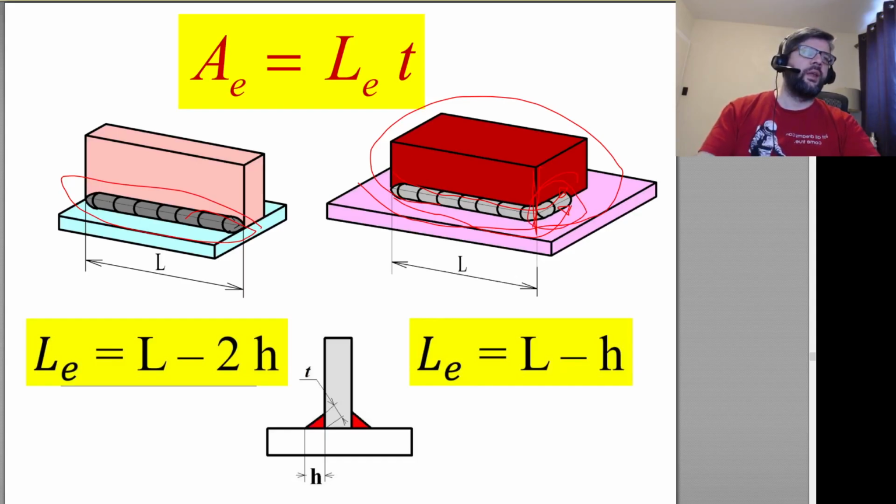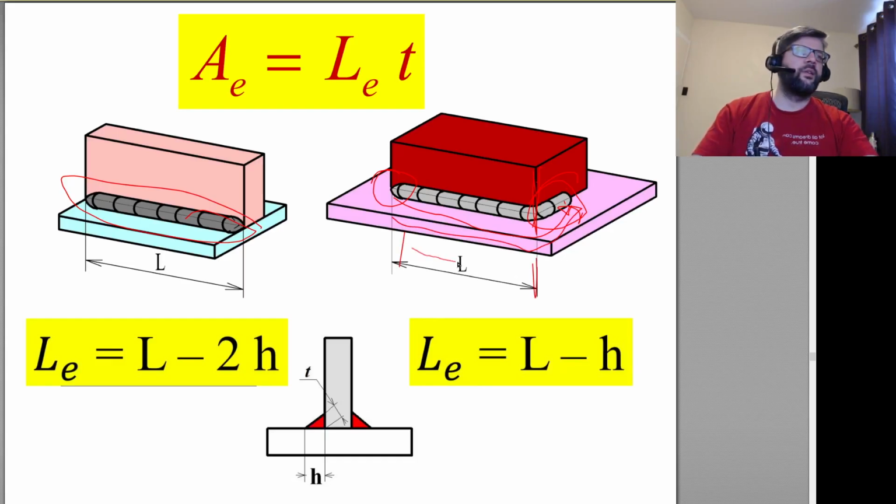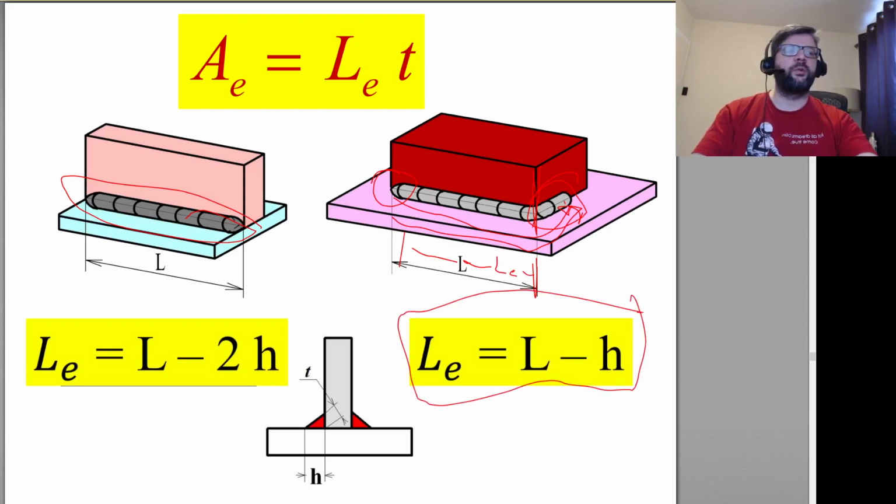So in this instance, where it starts at this corner on the left here and wraps around, we'd be using basically that length there. Since it wraps around one of the corners, we'd only be deducting 1h.